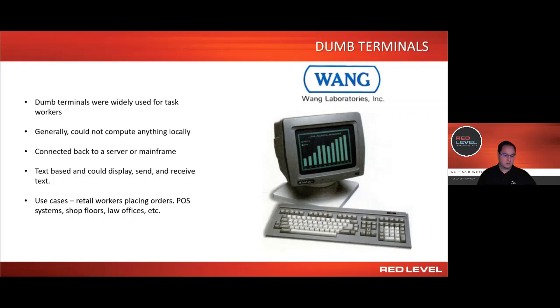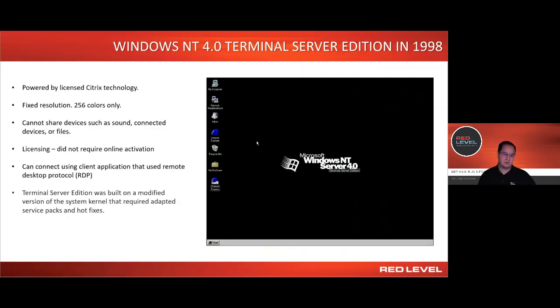So workers wanted to start using multiple applications instead of just a single application dumb terminal type scenario. And Microsoft saw this as a need, so they worked with Citrix on some shared licensing, and they developed the first version of remote desktop services, which is the Windows NT Terminal Server Edition.